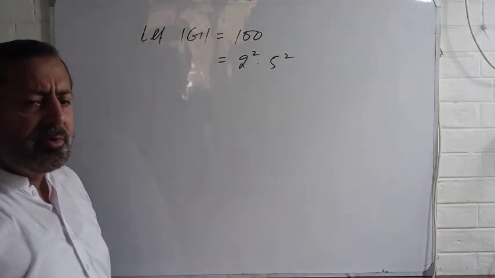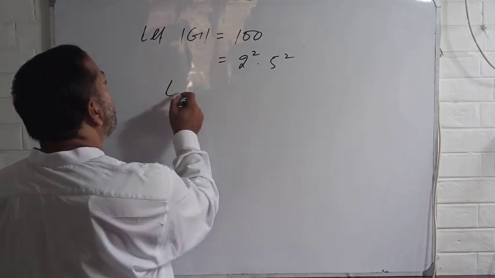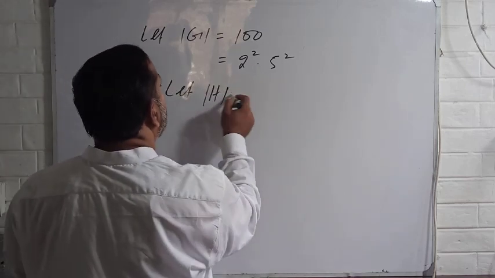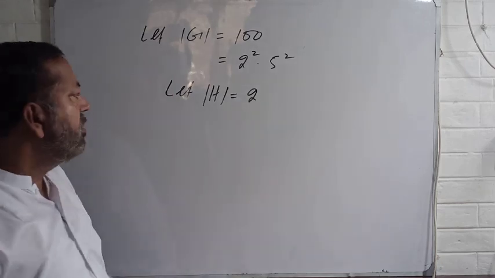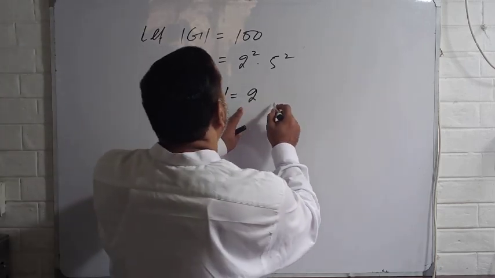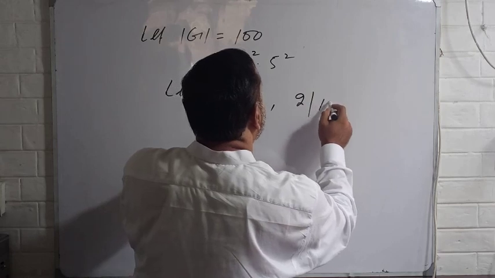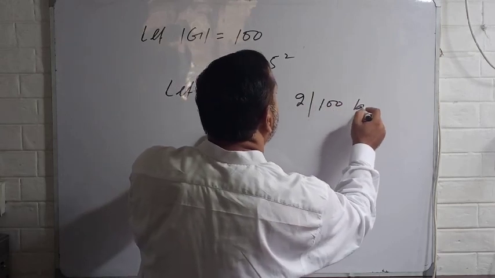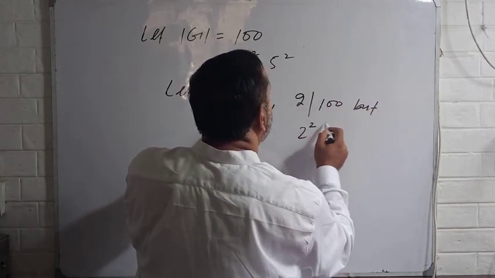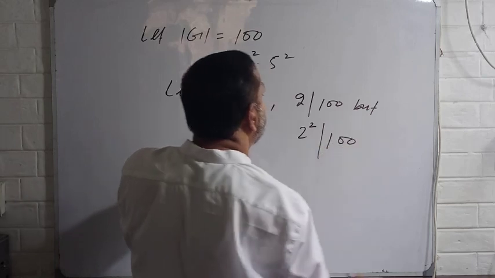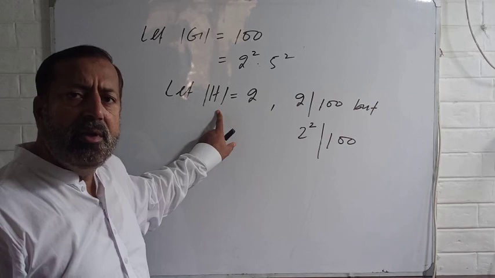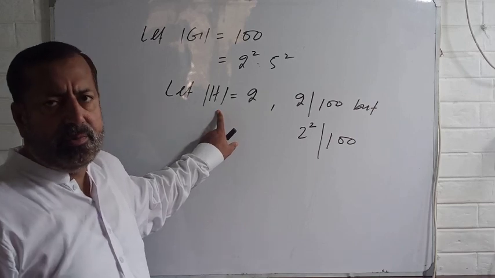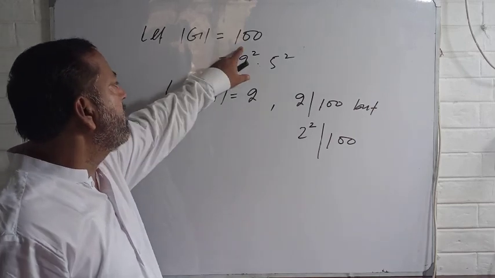Okay, so let order of H be equal to 2. If order of H is equal to 2, then see, 2 divides 100, but 2 square also divides 100. So H cannot be a Sylow-p subgroup in a group of order 100.